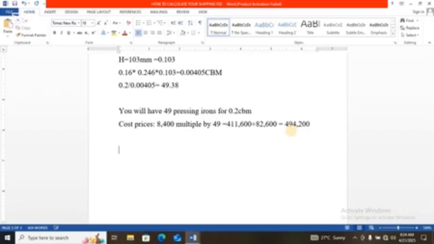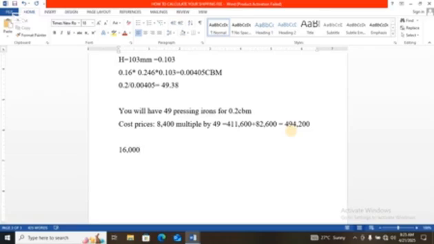Now let's examine. Okay, you are spending 494,200 for 49 pressing iron. How much are you going to sell it to make profit? Let's say you are selling 16,000, which I know that pressing iron is costly now in Nigeria.